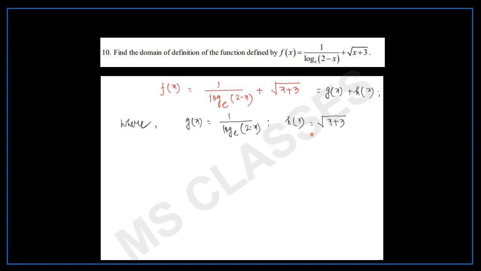Now, for the domain of f, we have to find the domain of g and the domain of h, and then you have to take the intersection.